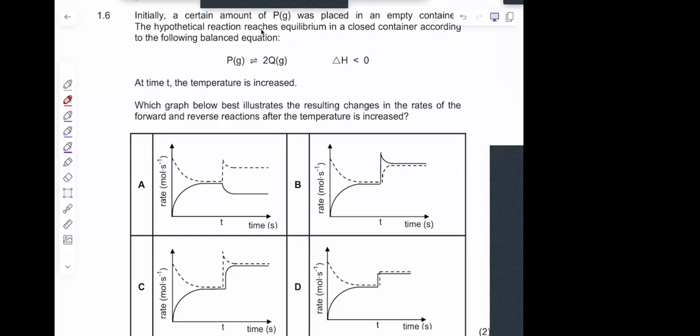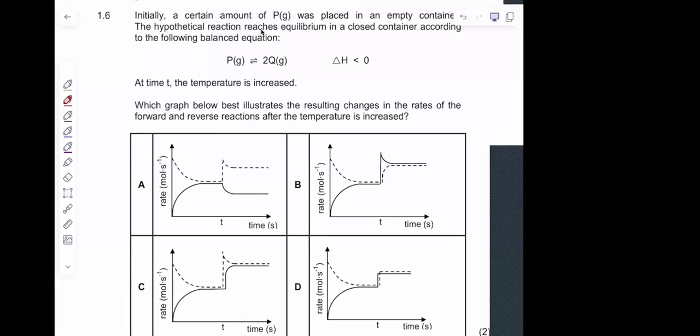Quickly put your answers in. 5, 4, 3, 2, and 1.